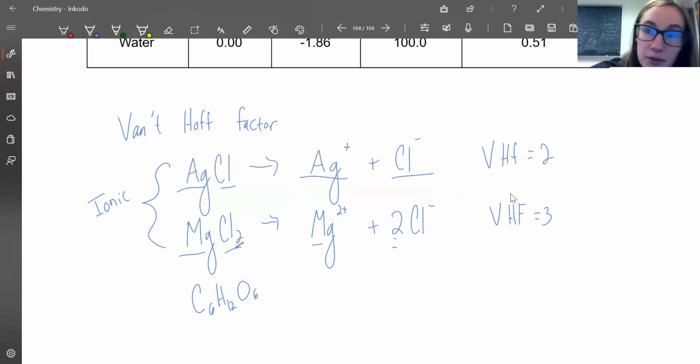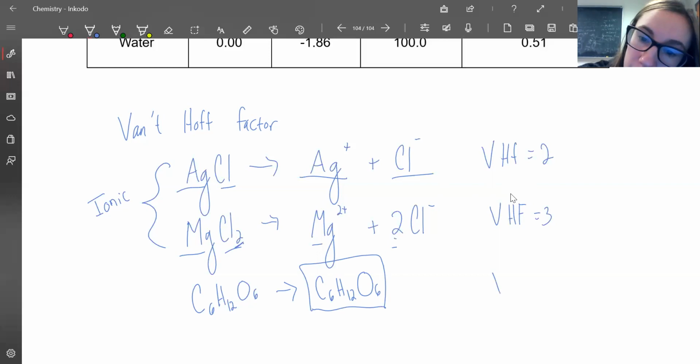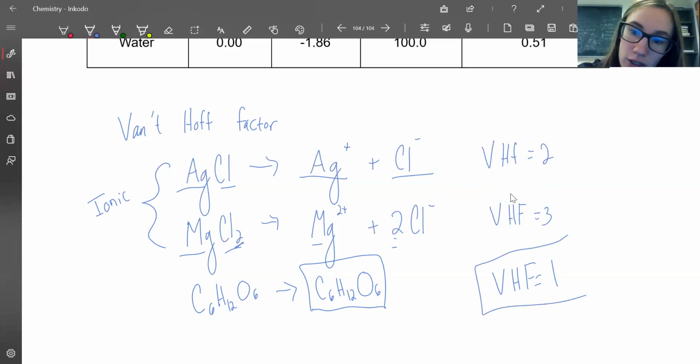So this one, when you throw it in water, it's going to look exactly the same in molecule form. In this case, we only have one thing. This guy then has a Van Hoff factor of 1. All covalents will have a Van Hoff factor of 1 because none of the covalents are going to break up for you. So that's kind of a nice trick.